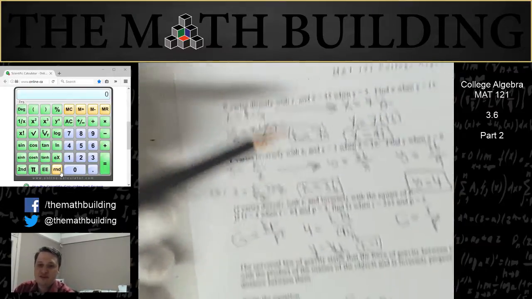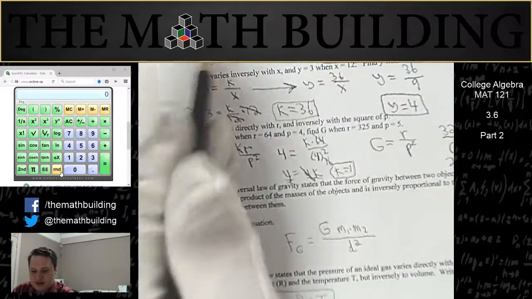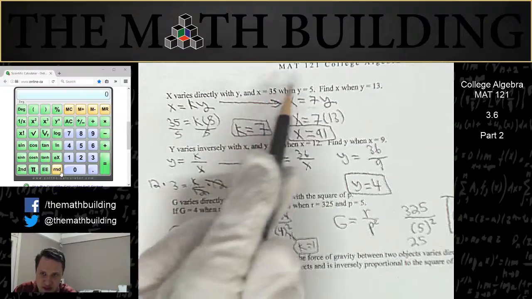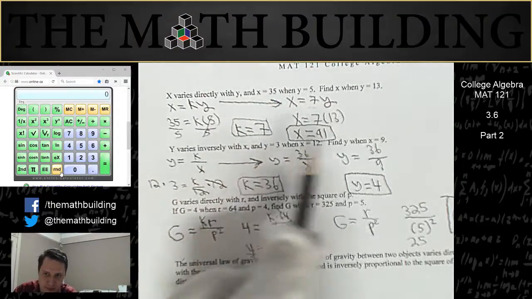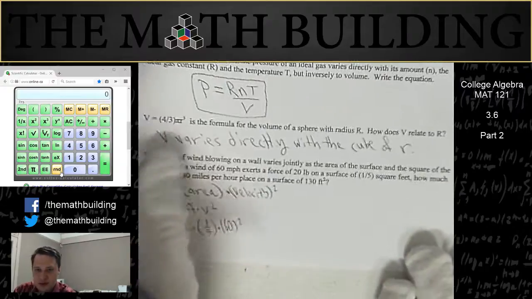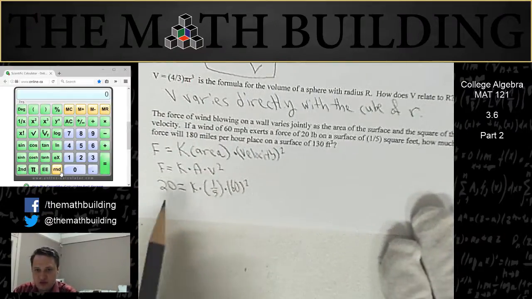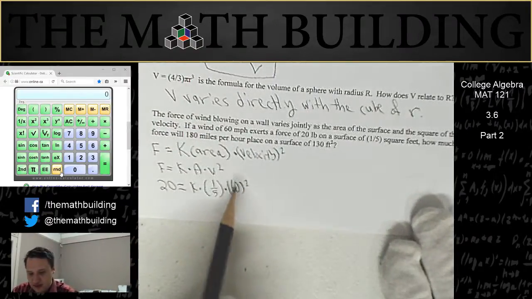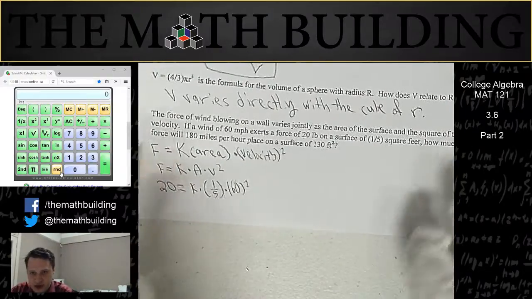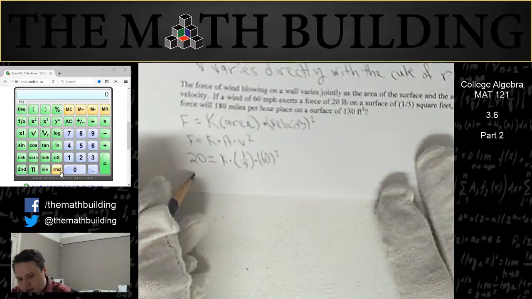Now, in all of these problems, it's really important not to mix up your x's and y's. Make sure you stick with the complete system each time and don't be mixing in that other number. So when we're doing this problem, it's really important that the 20, the 1/5, and the 60 all come from this system. Don't be mixing in these other numbers, okay? That'll lead to a mistake. So let's solve for k.